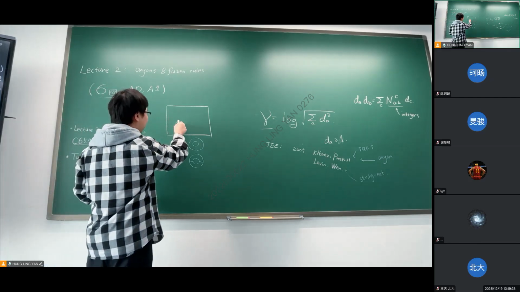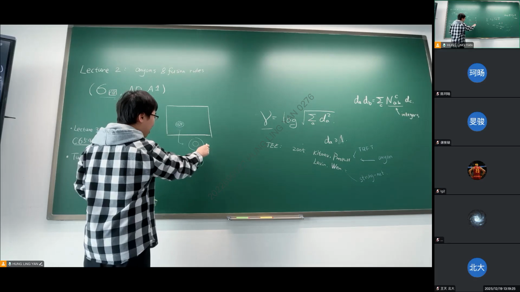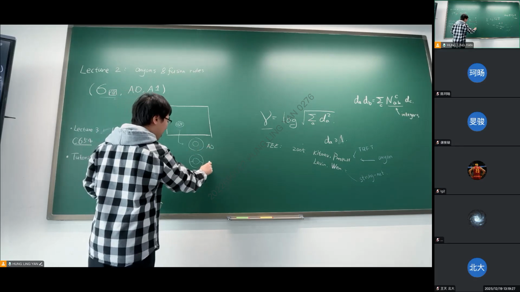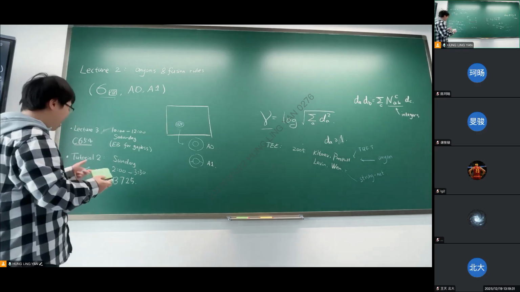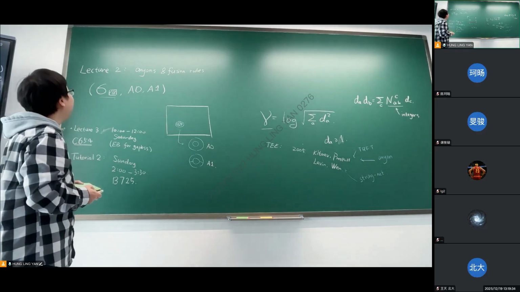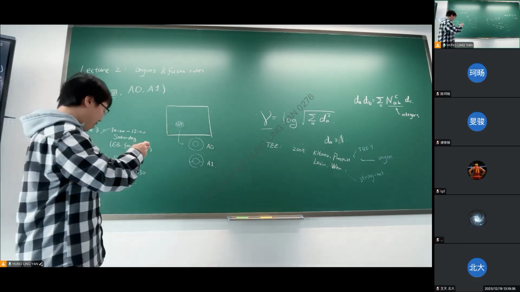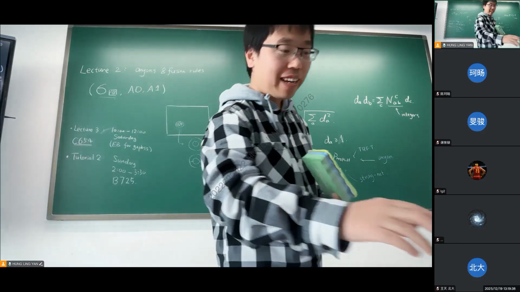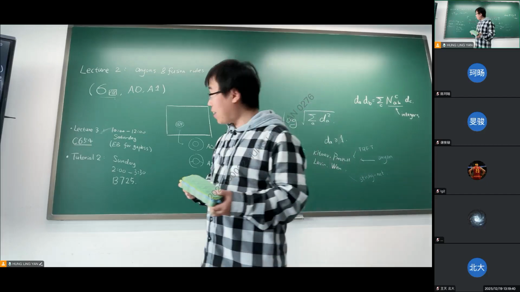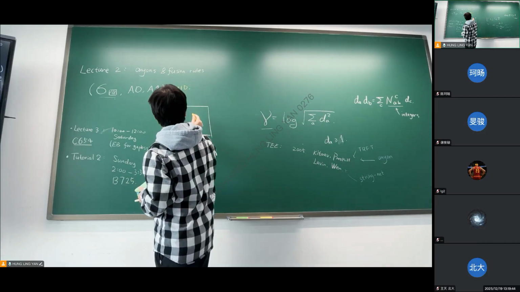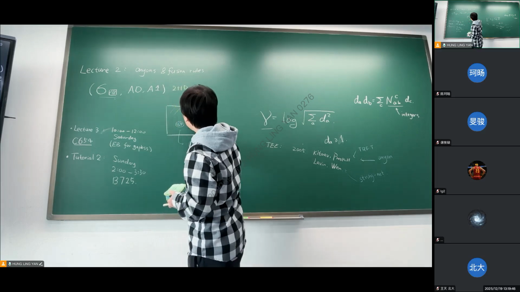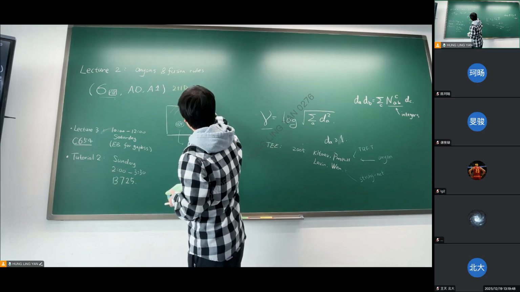And each little block satisfies the axioms A0 and A1. To be concrete, I will mainly talk about 2+1 dimensions, where the space is two-dimensional.